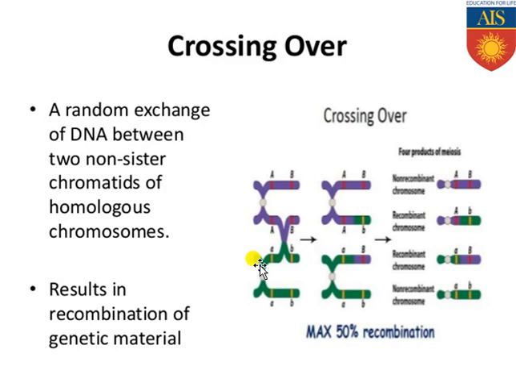This phenomenon of exchanging genes between non-sister chromatids of homologous chromosomes is known as crossing over. It can also be called recombination. Keep in mind that the enzyme working in this process is known as the recombinase enzyme, which is responsible for recombination or crossing over.